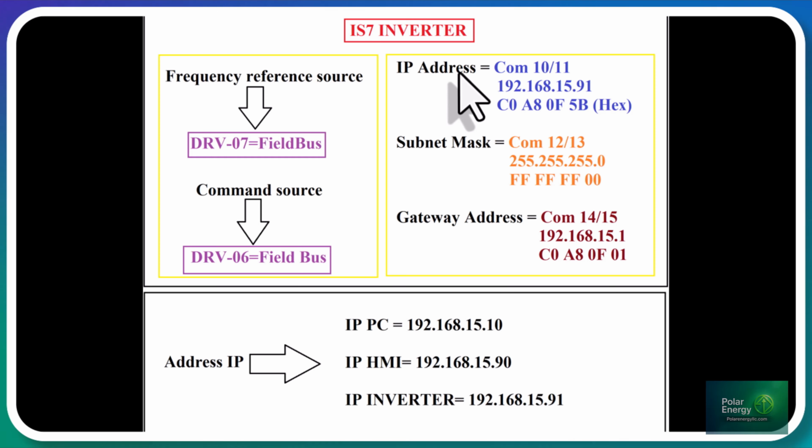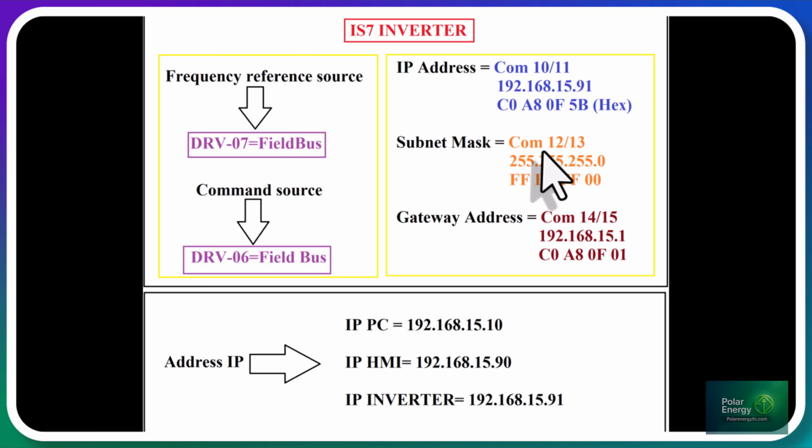For example, the inverter's IP is set in the COM10 and COM11 parameters, and you need to enter this address in hexadecimal format. That means for 192.168.15.91, you should enter 2 of the numbers in COM10 and the other 2 in COM11, all in hexadecimal format.